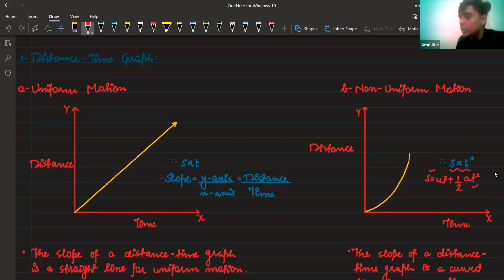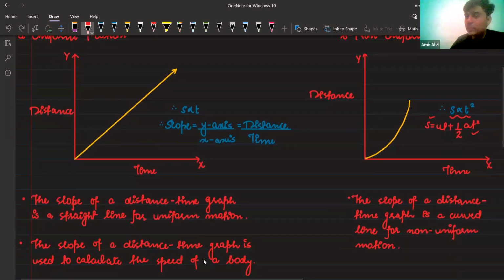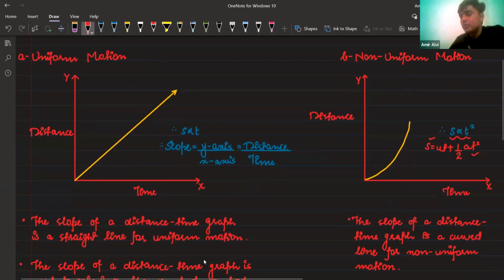But is this equation used in uniformly accelerated motion or non-uniformly accelerated motion? Tell me. Naisha, are you there? Yes, sir. I was just asking whether this equation is used in uniform motion, uniformly accelerated motion, or non-uniform accelerated motion.